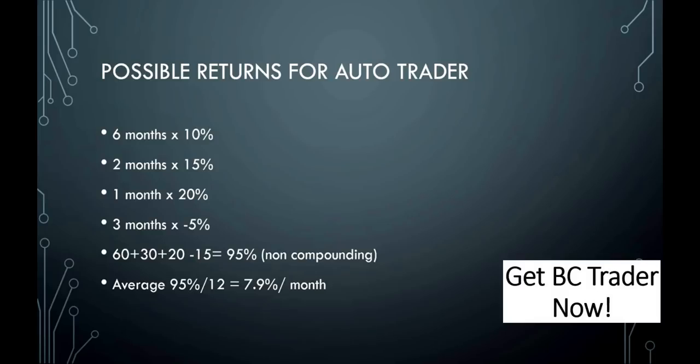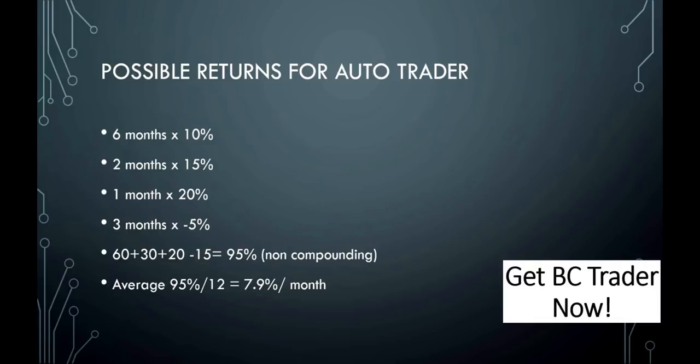Okay, so let's say 6 months, the average is about 10%. So you make 10% on average. 2 months, it's done really well. Okay, so it went up to 15%. 1 month, it hit Russ Medlin's conservative target of 20%. And 3 months, I'm going to say that it actually lost money. Okay, so the auto trader at the moment, according to information that I have gotten, has not lost money yet.